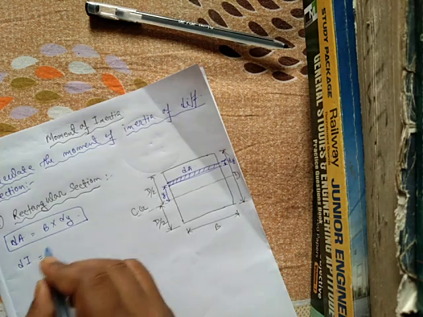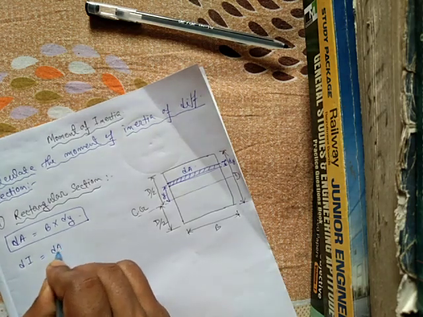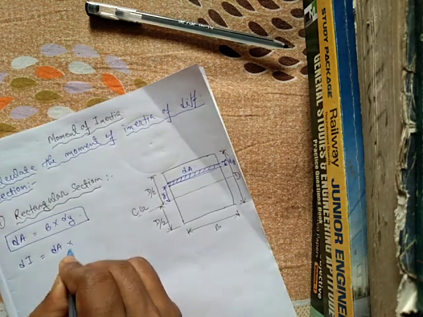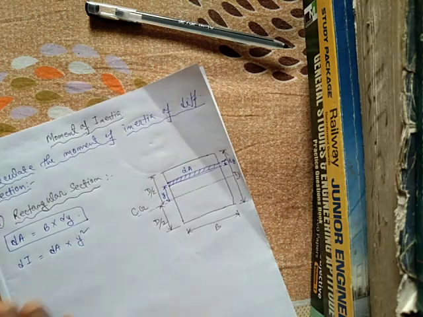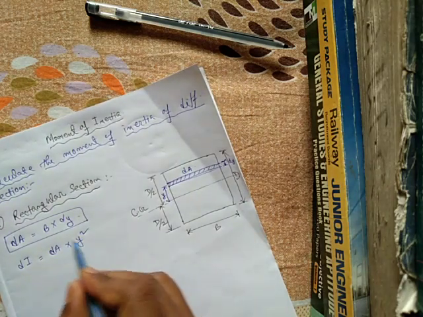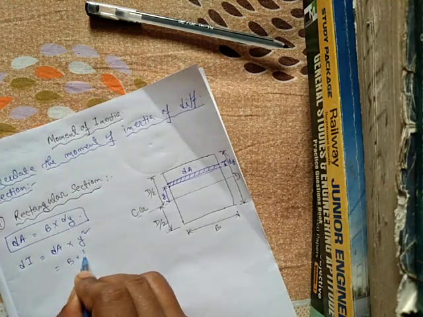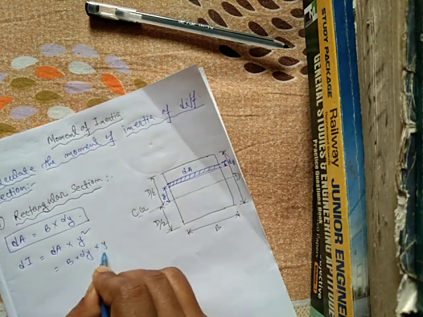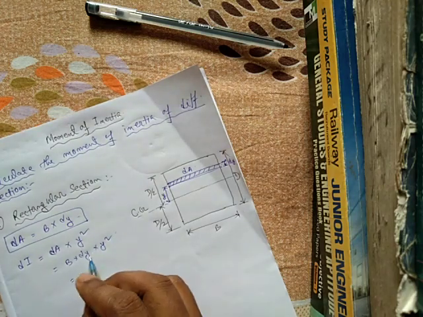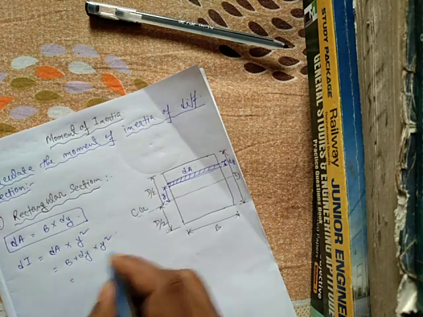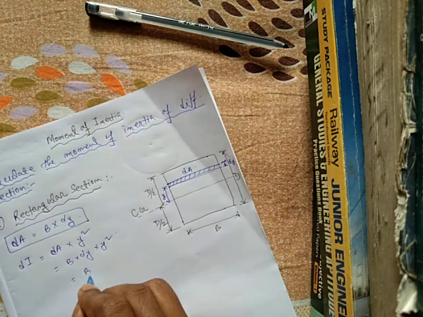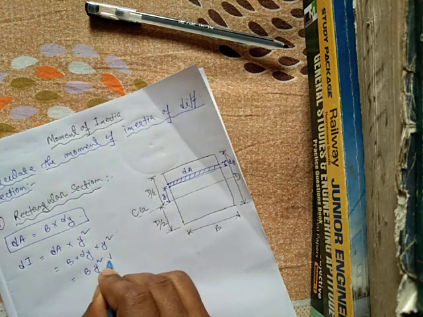So dI equals dA into y squared, and dA is b into dy, so dI equals b into y squared into dy.